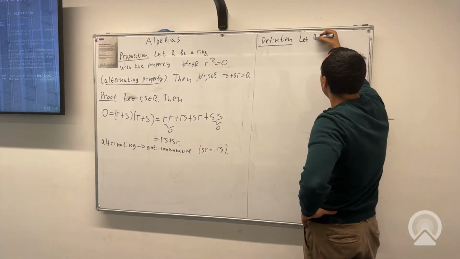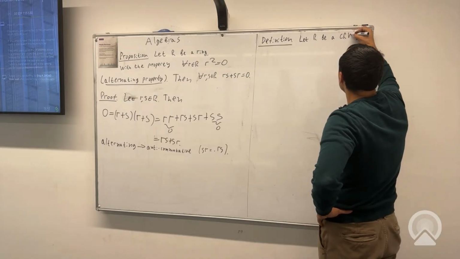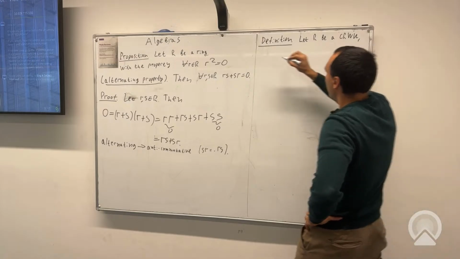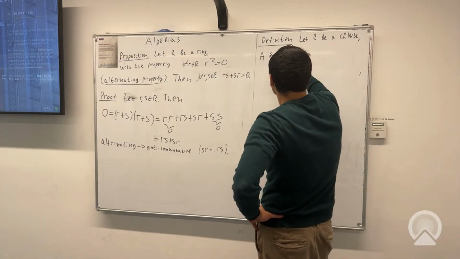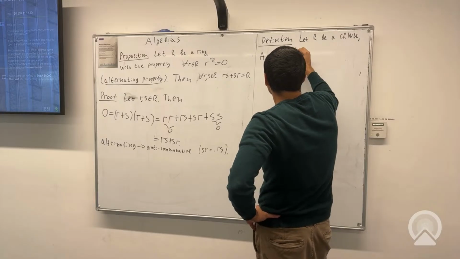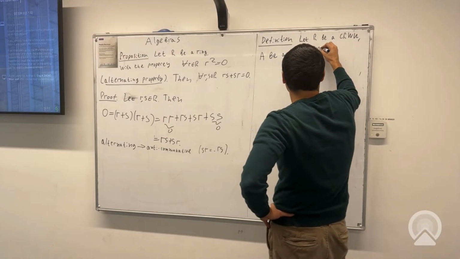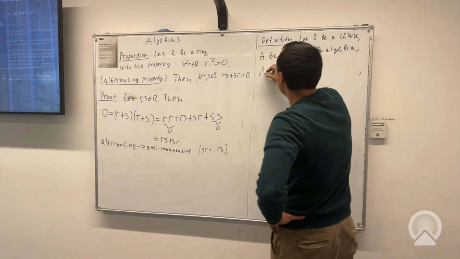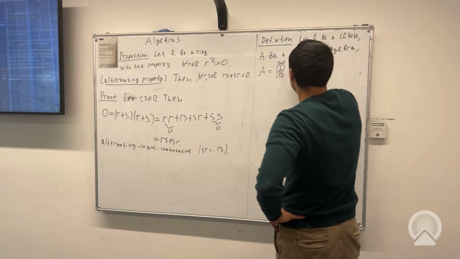Let R be a commutative ring with unity, and A be a graded R-algebra. So A is the sum over i from 0 to infinity.